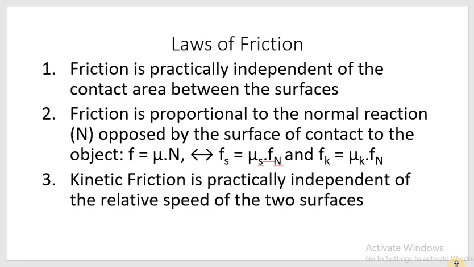If that brick weighs, say, 5 kg, and you lay that brick on the surface of 100 centimeters squared, it will give the same amount of friction resistance as if the brick is resting on the surface of 50 centimeters squared. So the frictional resistance does not depend on the amount of surface area in contact.